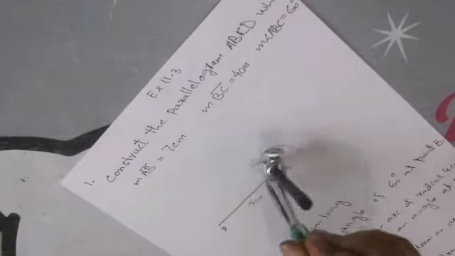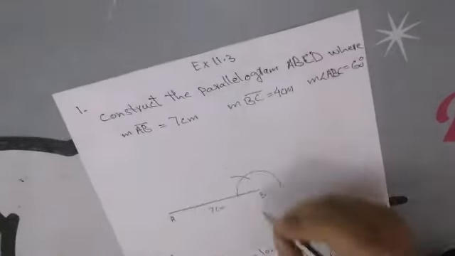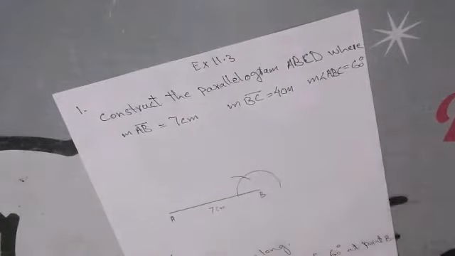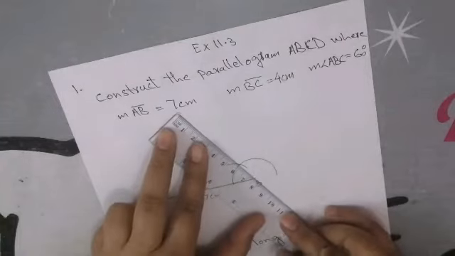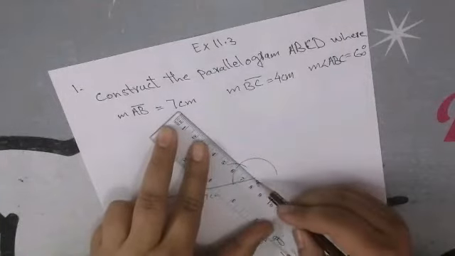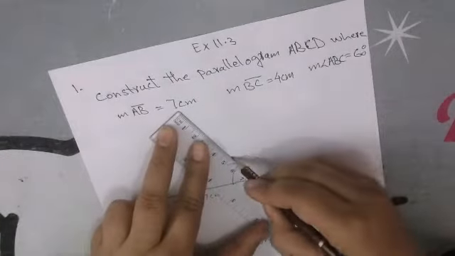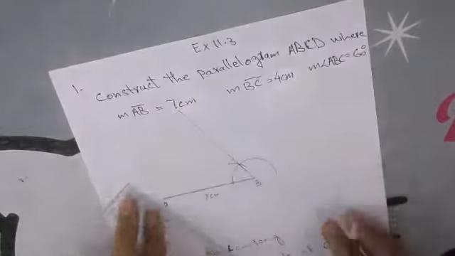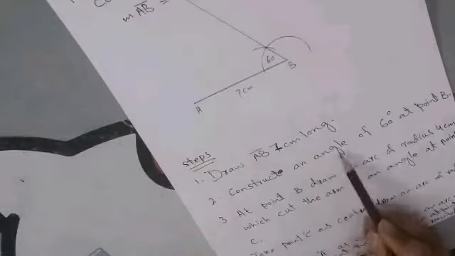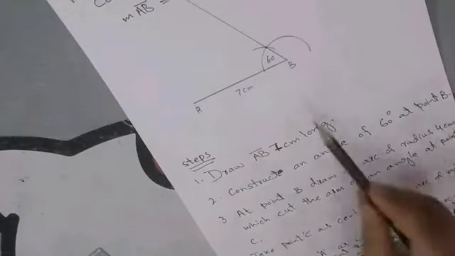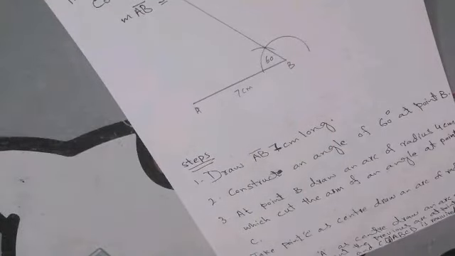This is the angle of 60 degrees. Then with the help of a ruler you draw a line. This is the angle of 60 degrees. So for this what do you write? Construct an angle of 60 degrees at point B.